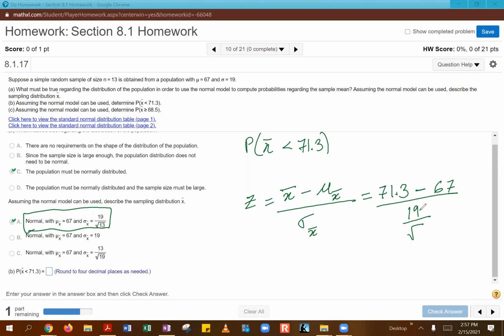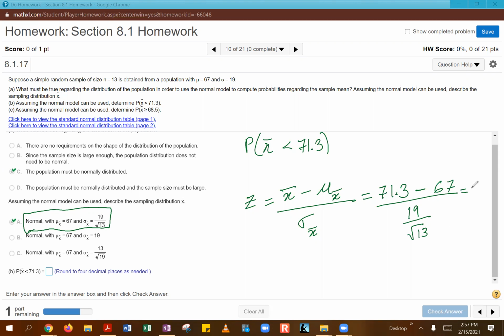Now, if you're comfortable typing this in your calculator at one time, you can go ahead and do that. Or if you want to break it up into two parts, you can do that as well. So for that, I would say, if you want to break it up, go ahead and do the numerator part first. So 71.3 minus 67, and then you can divide it by the denominator.